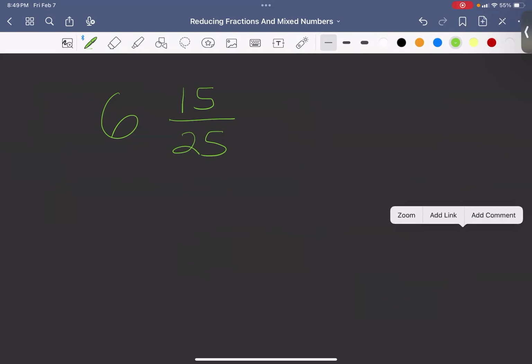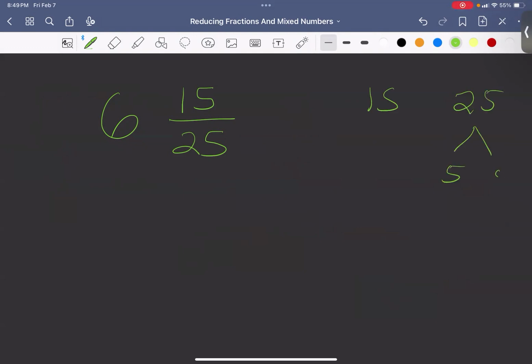Let's say we have 6 and 15 over 25. So 15 and 25 have common factors. So if I did the factor trees, here I would get 5 and 5, and here I get 5 and 3.